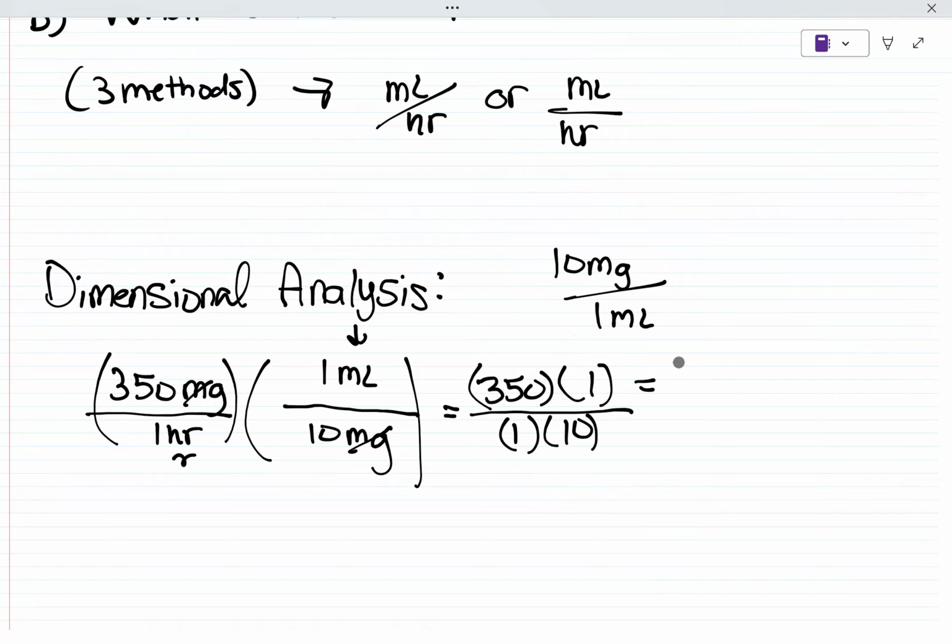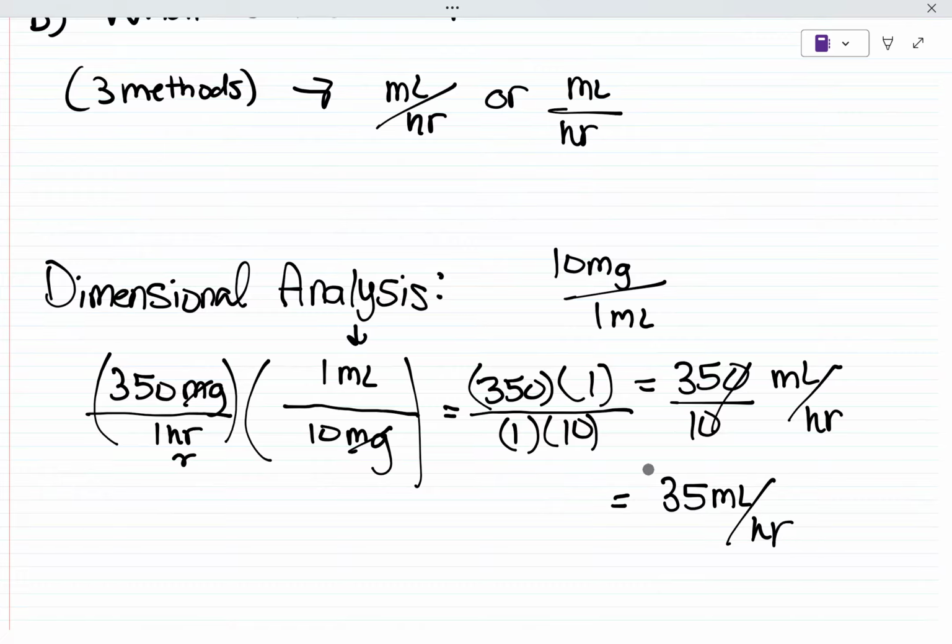So 1 times 350 is 350 over 10, and then you have milliliters per hour. And then 350 divided by 10 is 35. The zeros cancel, and you're left with 35 mL per hour. And it says round to the nearest whole number. 35 is already a whole number, so you are good.